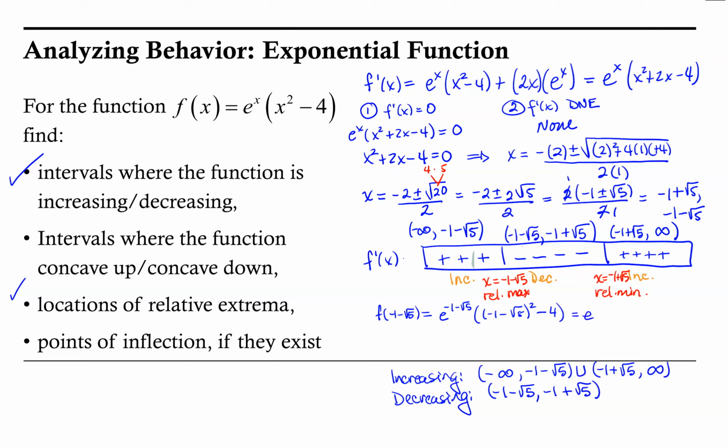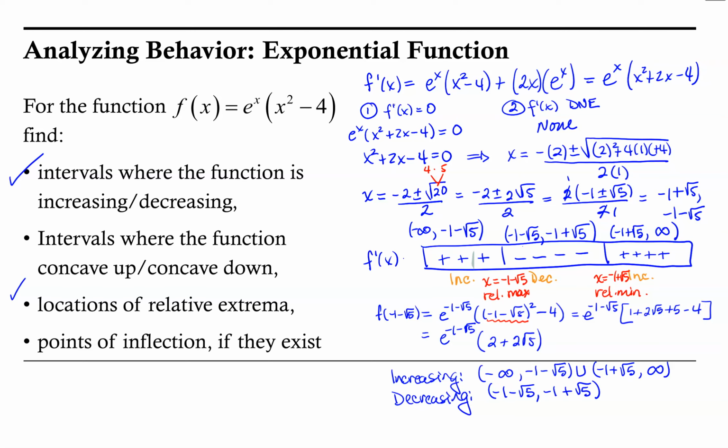That's going to give us e to the -1 minus square root of 5 times, now we have to multiply using the distributive property, the -1 minus square root of 5 squared. Now, if you do that, you'll end up with 1 plus 2 square roots of 5 plus 5 minus 4. And if I simplify that, I'm going to get e to the -1 minus square root of 5 times 2 plus 2 square root of 5.